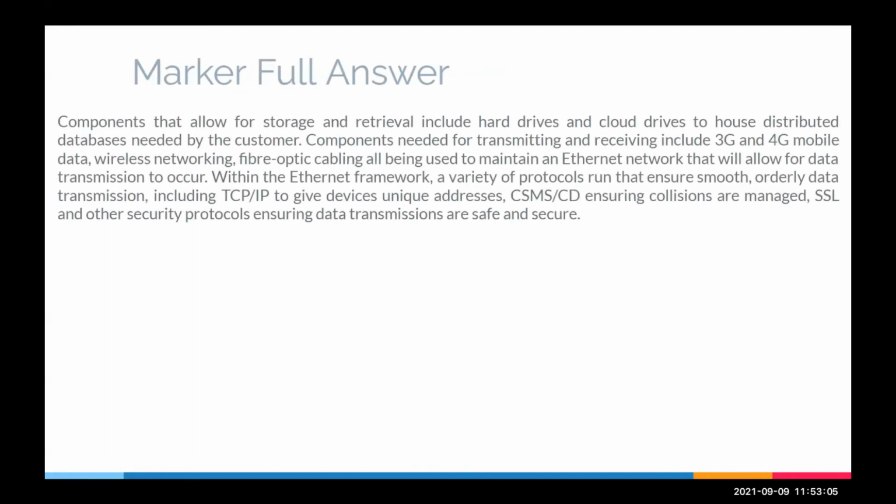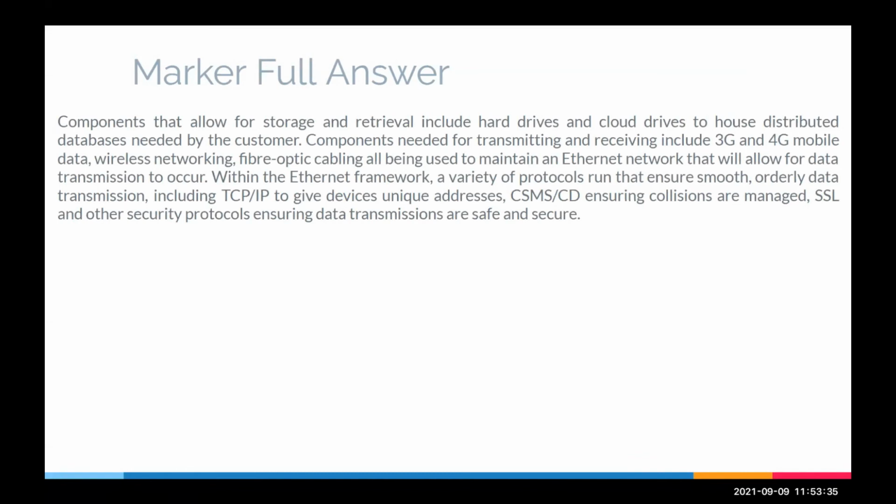Components that allow storage and retrieval include hard drives and cloud drives to house the distributed database needed by the customer. So identifying what hardware is involved in storing and retrieving. Components needed for transmitting and receiving include 3G and 4G mobile data, wireless networking, and fiber optic cabling, all being used to maintain an Ethernet network that will allow for data transmission to occur.